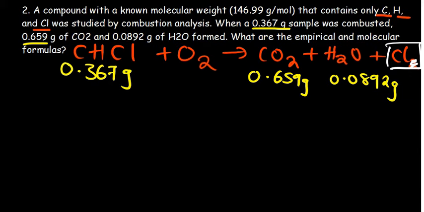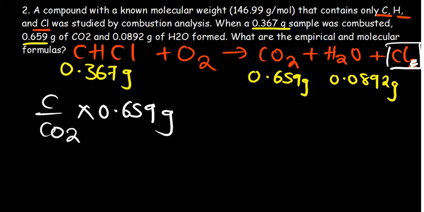So we'll start first of all by focusing on our carbon dioxide, just like from our previous question. Ratio, carbon over carbon dioxide, times the mass, 0.659 grams, to get the mass of our carbon. Carbon's molar mass is 12.01. The relative molecular mass of carbon dioxide is 44 grams per mole.